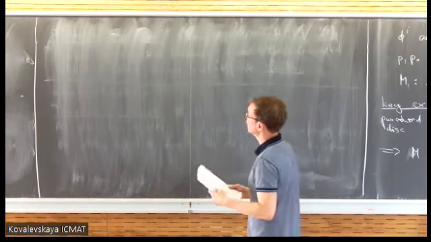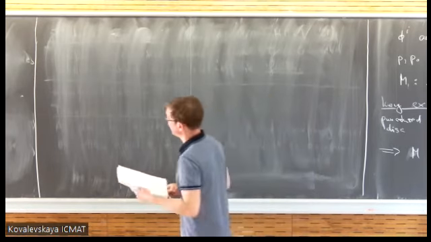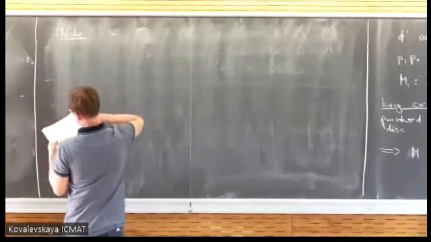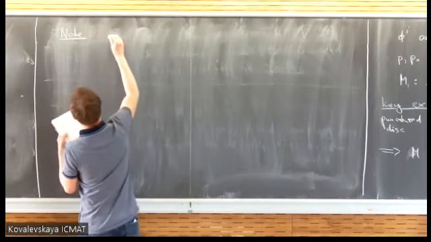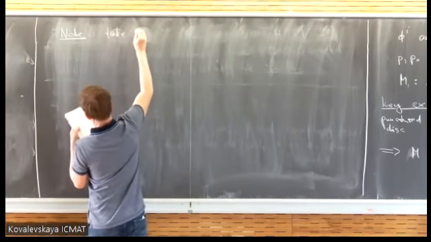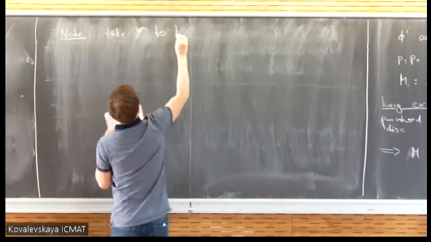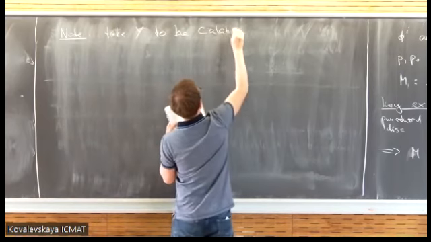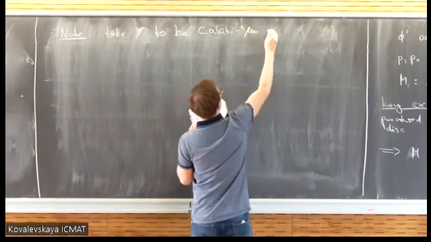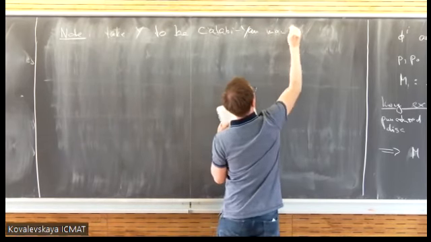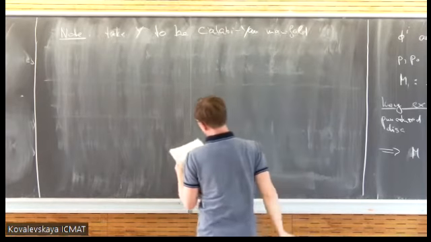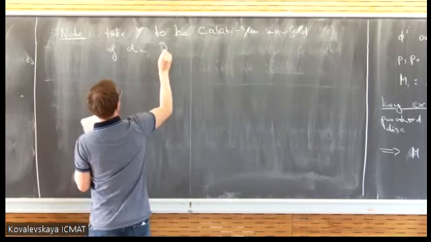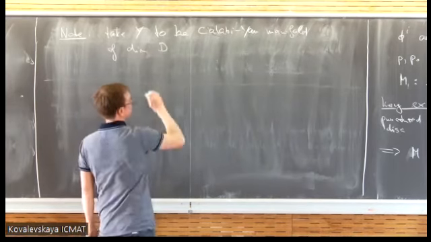So now comes another thing which you have to believe me, and this is something which I just do very quickly. We take Y to be a Calabi-Yau manifold of complex dimension p.